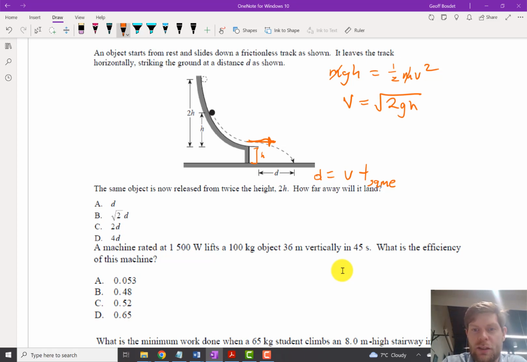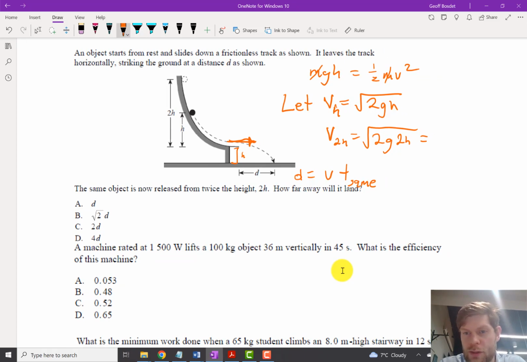I'm going to say let the velocity when I drop it from height h equal this. Then the velocity when I drop it from a height of 2h would be the same formula. Everything's the same except now it's going down from 2h.